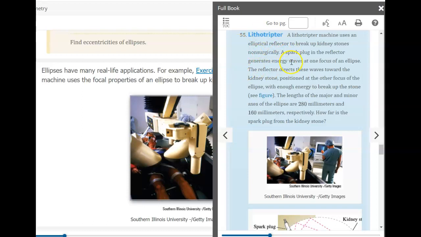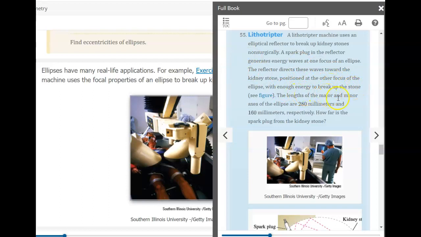So that is one technique to make them smaller so that they can just come naturally without surgery. They use energy waves at one focus of an ellipse. The reflector directs these waves toward the kidney stone position at the other focus of the ellipse with enough energy to break up the stone.